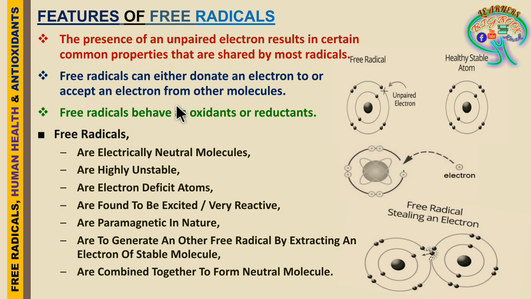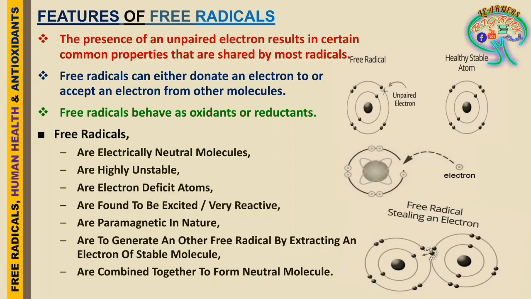Free radicals can either donate an electron to or accept an electron from other molecules. This we have discussed already. Free radicals behave as oxidants or reductants. There can be an oxidation process during the reaction of the free radical with the molecular structure of any compound within the body, or it can be a reductant. They can reduce themselves.